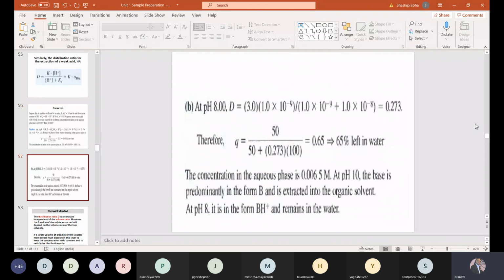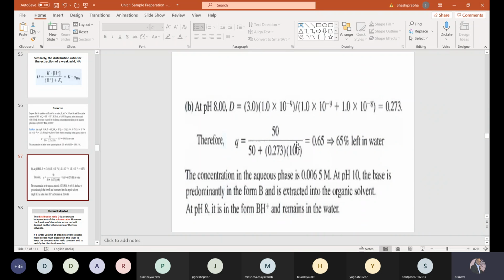If we look at pH 8, the only difference is that if we substitute 1 into 10 to the power minus 8 here, this comes out to be 0.273. It is even less. See the drastic change in the distribution value. Instead of 2.73 in the previous case, it is 0.273 at pH 8.